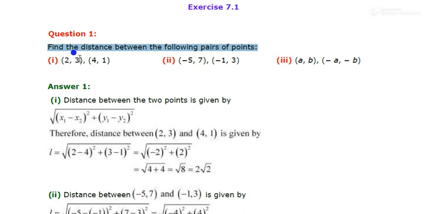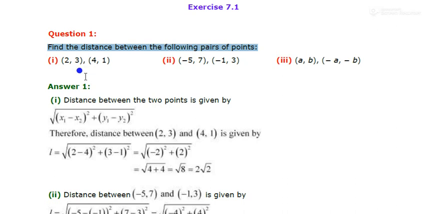Suppose the coordinates 2 and 3 are point A, and the coordinates 4 and 1 are point B, so the distance between these 2 points is AB. See here, this 2 is x1, this 3 is y1, this 4 is x2, and this 1 is y2.